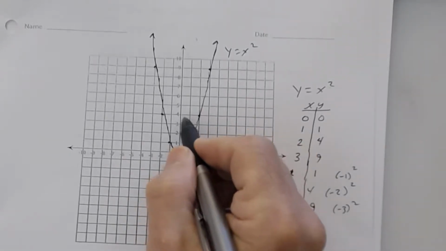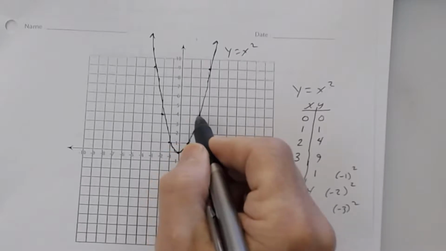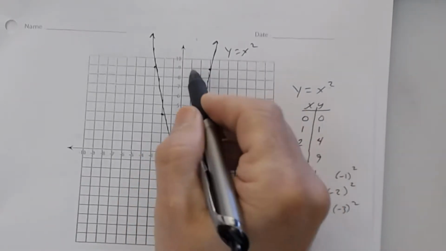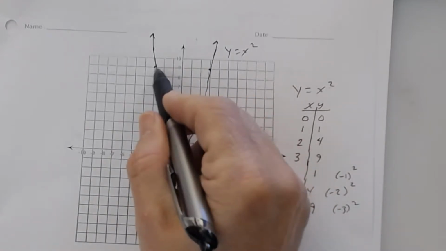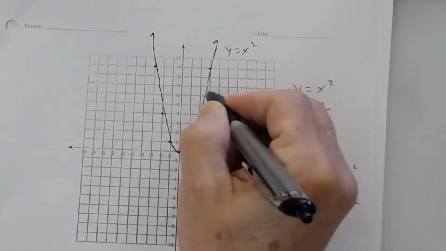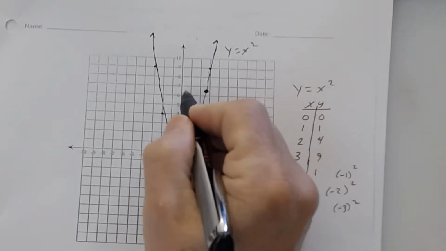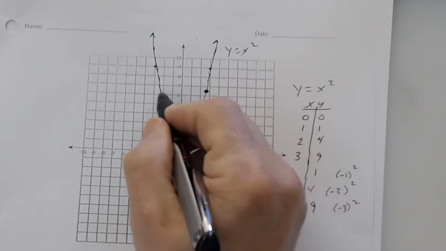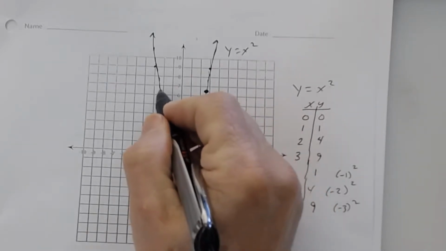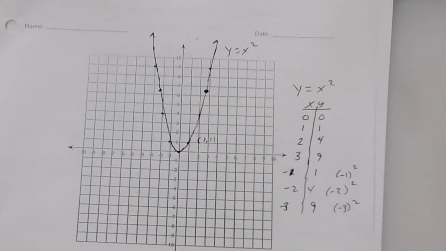This distance here, from this point here, what's that distance from the y-axis? 2. What's that distance? 2. This is 3, so that distance should be what? 3. The point is this. No matter what point you're looking at, let's say I'm looking at this point here, that distance from the y-axis better be the same on the other side. Okay? So that's the idea of that symmetry.